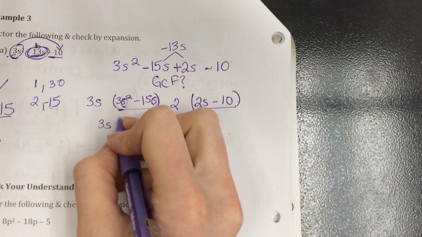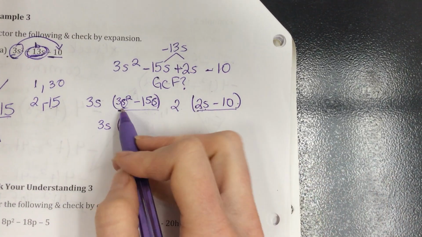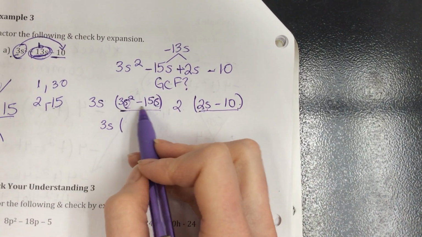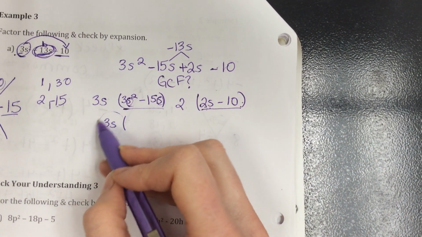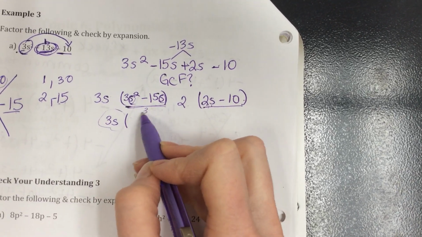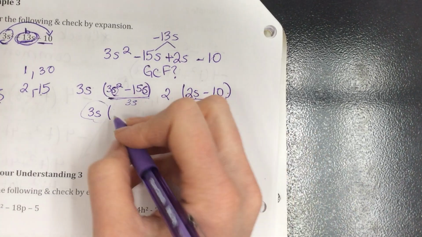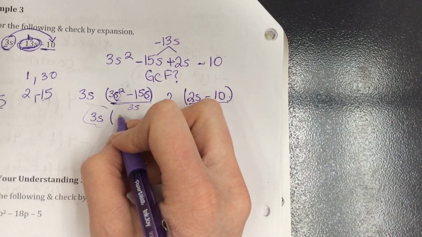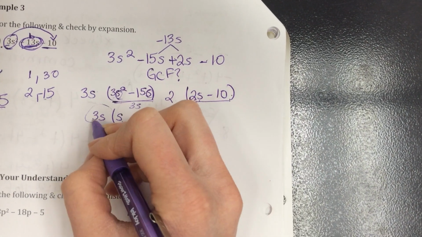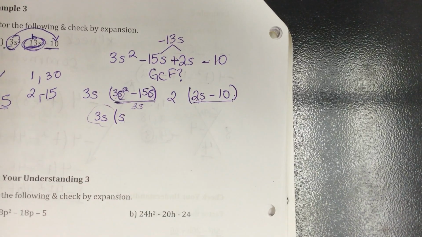Now, write those again and look at what's left when we do that. What's left of this 3s squared minus 15s when we pull 3s out of it, when we divide it by 3s, just like we've done in the past. Sorry, this is shaky. So what do we have left here? Well, from 3s squared, it's just s, right? 3s times s would give us 3s squared.